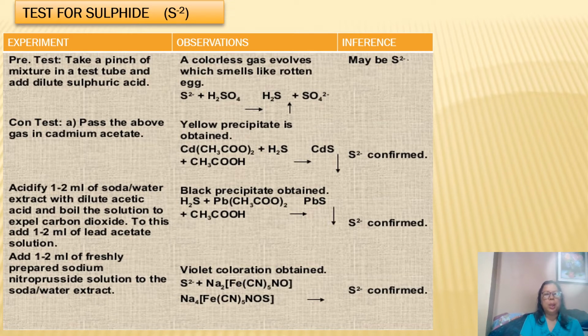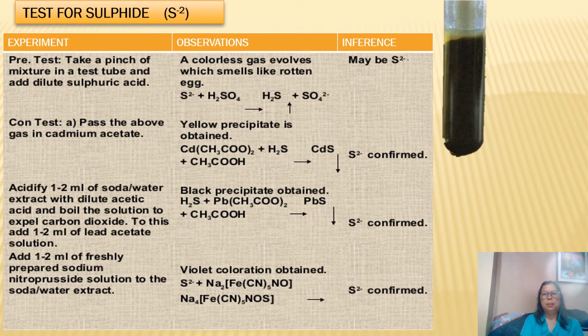Or if you add sodium nitroprusside solution to a soda or water extract or to the prepared unknown and a violet coloration is obtained, then sulfur is present. This is how black is the sulphide upon the addition of sulfuric acid.